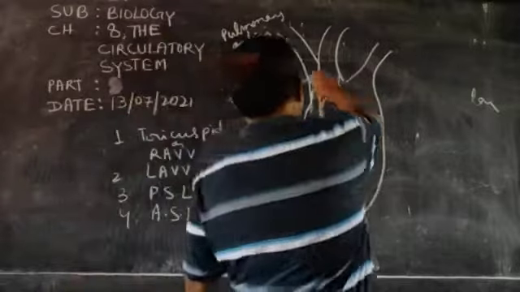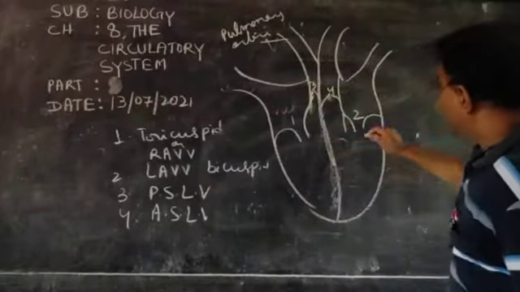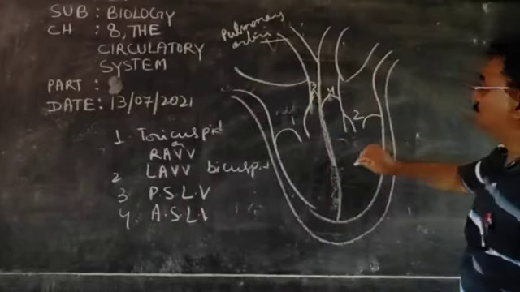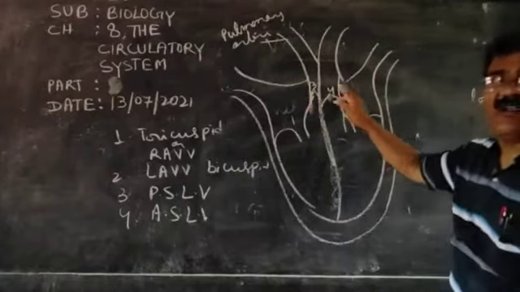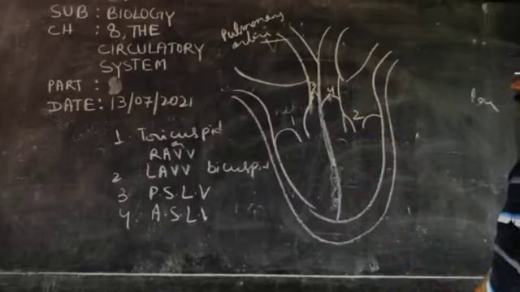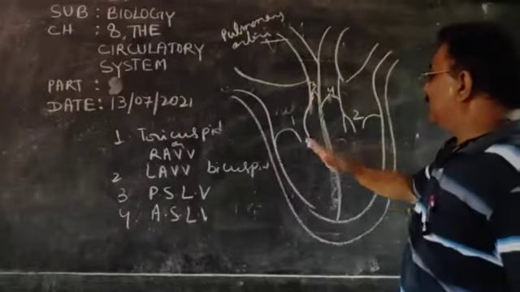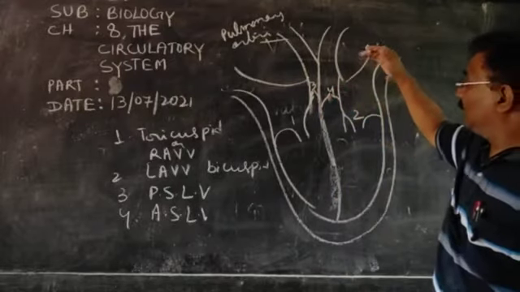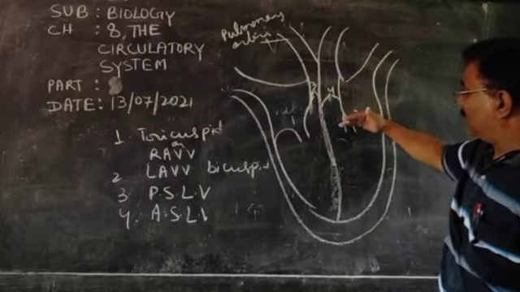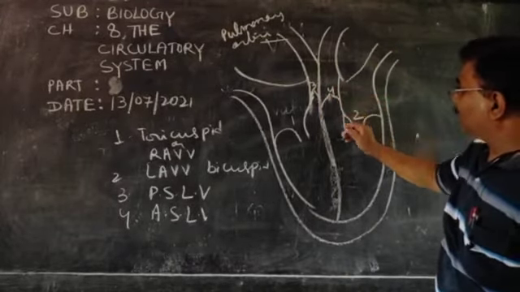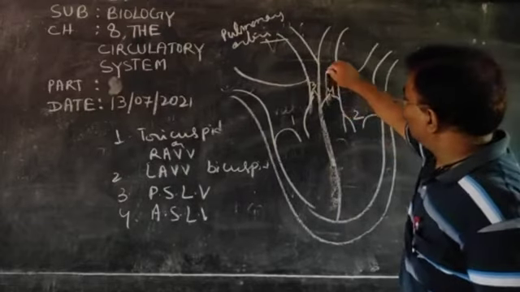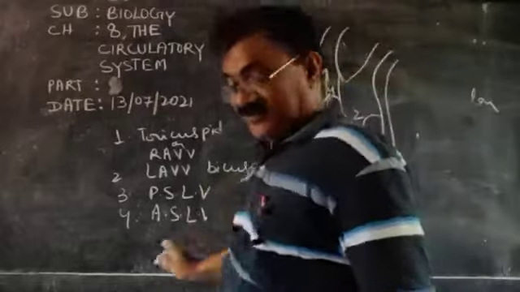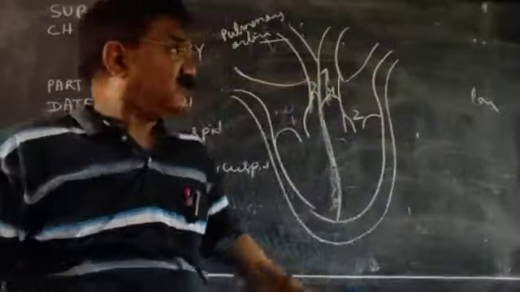These two valves are related to the ventricle. You can see these two valves are related to the ventricle. They are not attached to the auricle. Very clear or not? Auricle receives the blood, whereas ventricle pumps the blood. So these two valves check the backward flow of blood. Means if the blood goes from here to here, it will not come back. Very clear? So these four valves we have understood.